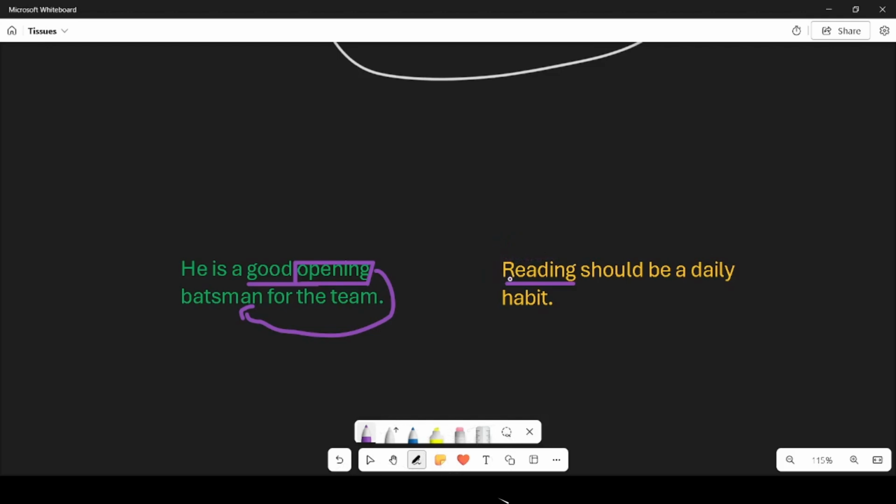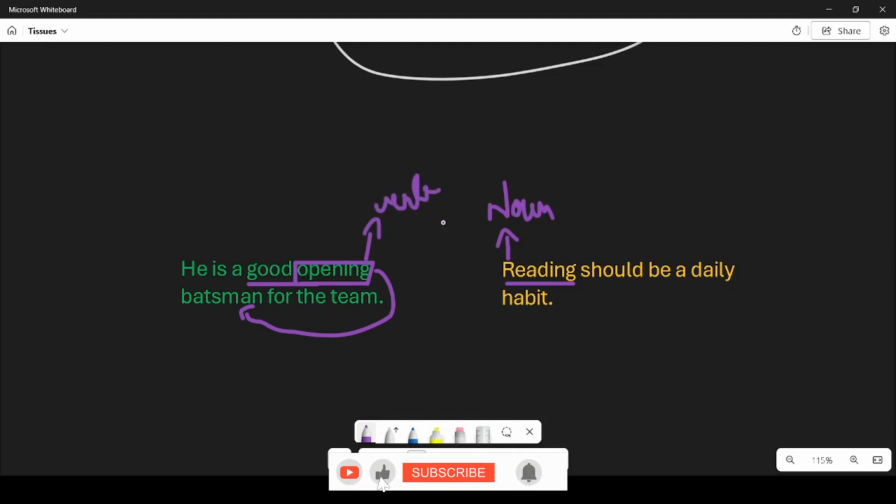This reading over here is a noun, and this is a verb. So when you know opening is a verb, you know it's a present participle, because gerunds are usually nouns. But this opening over here isn't actually acting as a noun. We over here mean an adjective.